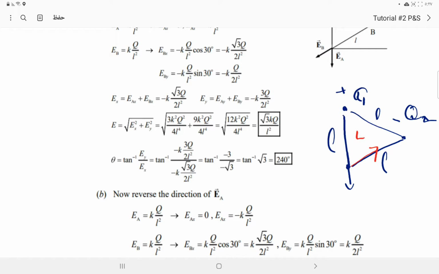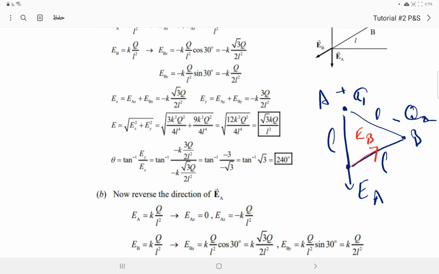So this is E from B, charge on B. And this is the previous one, it will just be E from A. This is point A, this is point B. So now you can see that the direction of electric field coming from the charge at point B is going to that direction.